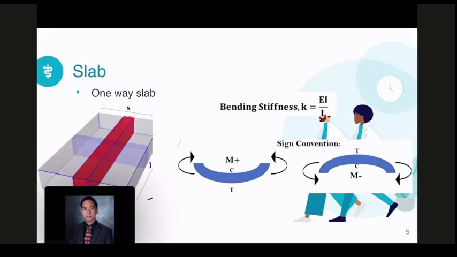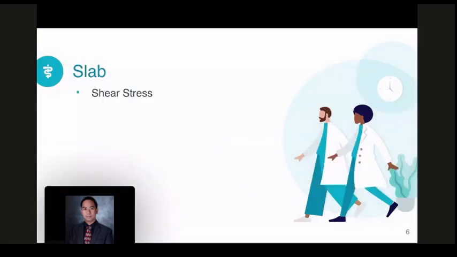What else is important in the slab? Shear stress. You have previously learned in an elastic homogeneous beam, where stresses are proportional to strains, two kinds of stress occur: bending and shear.